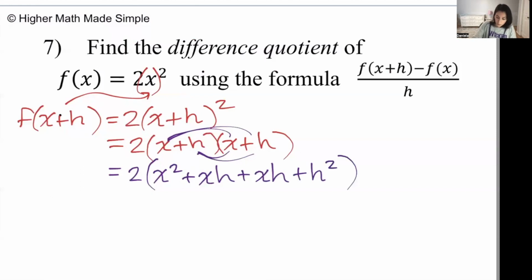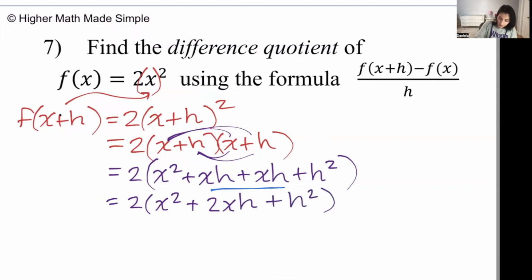And now we're going to distribute the 2 to everybody. Well, you can, but as I said before, how about we combine these like terms just to work with smaller terms? So what's 1xh plus another xh? Now we have 2 xh's. And then we can distribute the 2 to everybody.